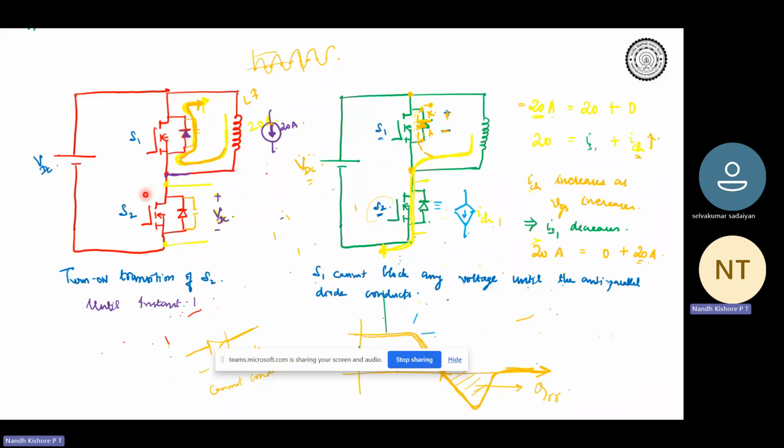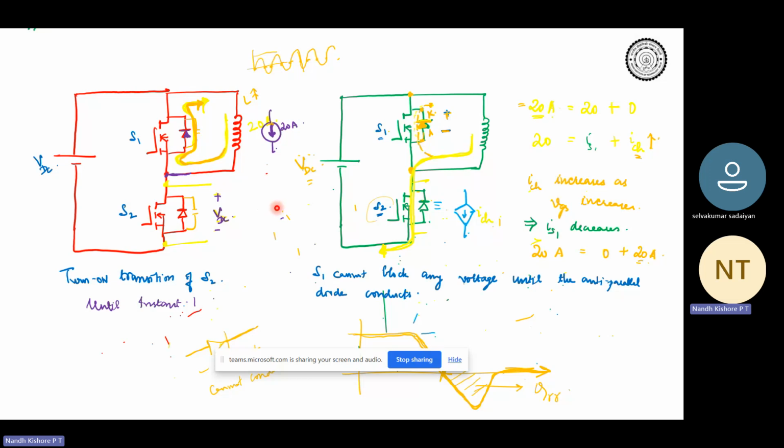As you turned on S2, some of the current will be diverted through S2, and some of the current through the antiparallel diode. And at one point, the gate voltage has increased so much that the entire current gets diverted through S2 now. So the entire 20 amps will be carried by S2, and the diode doesn't carry any more current, right?